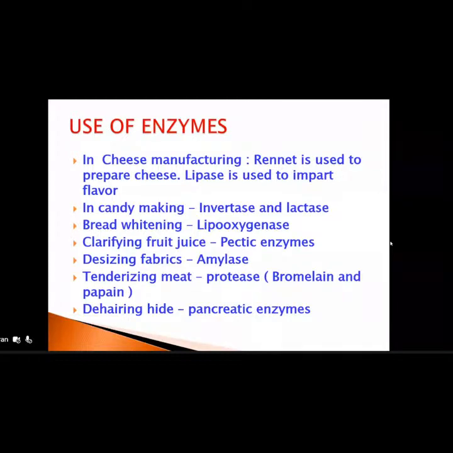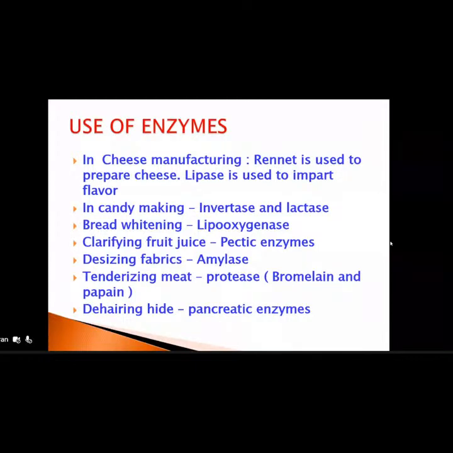And the next one is tenderizing meat. What is tenderizing meat? Tender means to make the meat soft, right? So to form the soft nature of the meat, we can use protease, mainly in chicken and mutton. We can use this protease enzyme to make the meat very soft, right? Mainly two types of protease we can use.